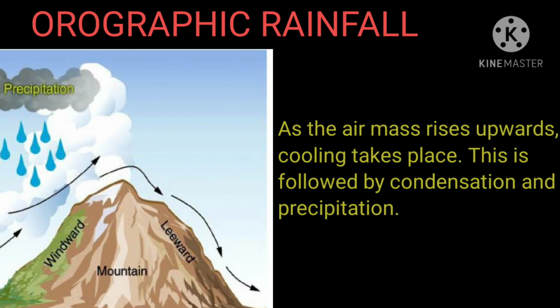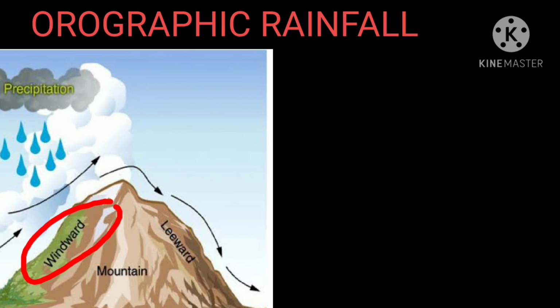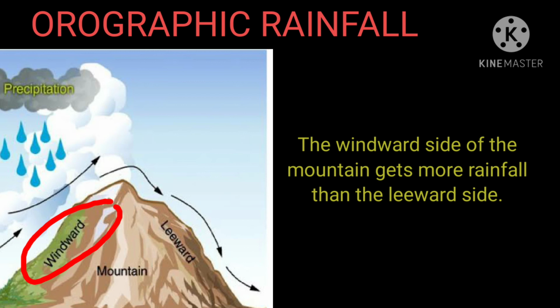As the air mass rises upwards, cooling takes place, and this is followed by condensation and precipitation. And this type of rainfall is called orographic or relief rainfall. Children, the windward side of the mountain gets more rainfall than the leeward side.